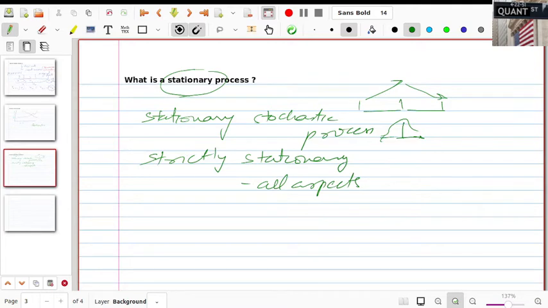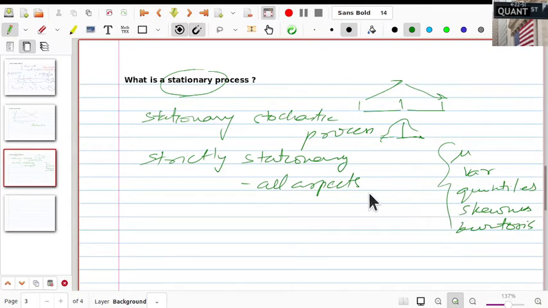Mathematically, the characteristics of a distribution are mean, variance, quantiles, skewness, and kurtosis. As long as all these aspects remain the same, those processes are called strictly stationary.